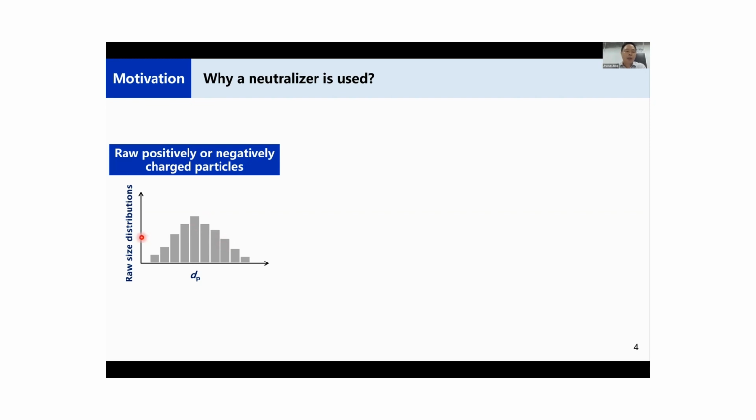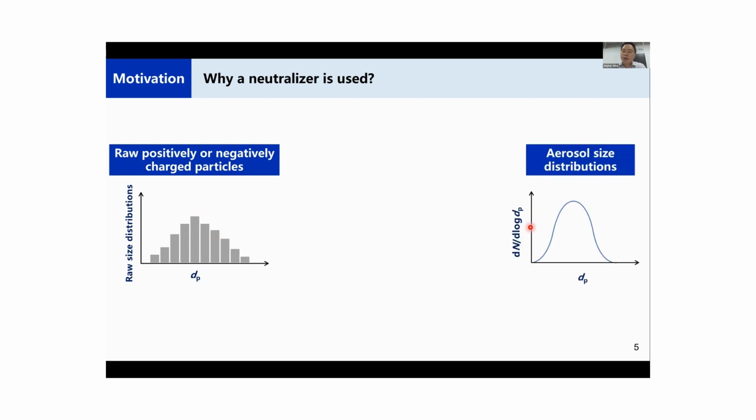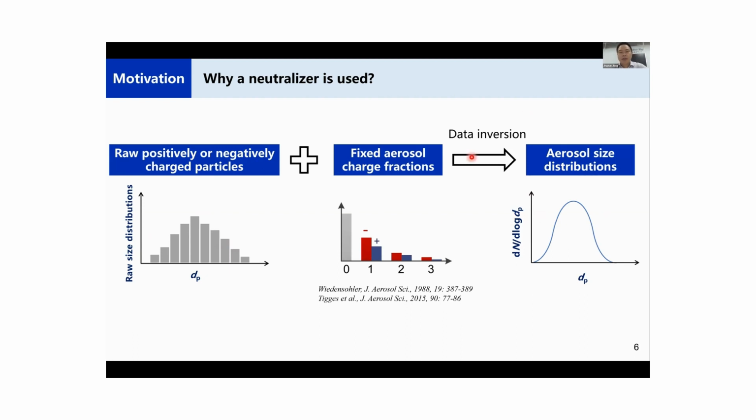So what we got is actually a raw size distribution of either positive charge or negative charge. But what we really want is the aerosol size distribution at the inlet of the instrument. This distribution includes both charged particles and neutral particles. So during the data inversion, the charge fractions are used in this process.